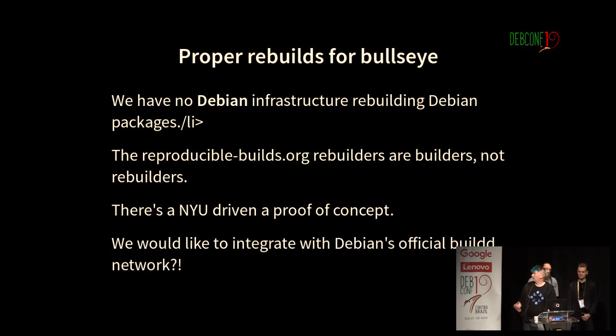And we would like to integrate something like this with Debian's official buildd network, so it's done on Debian machines and properly rebuilt for all architectures also. Of course, reproducible builds only has 4 architectures. So that's something I'd like to discuss here or elsewhere in future.